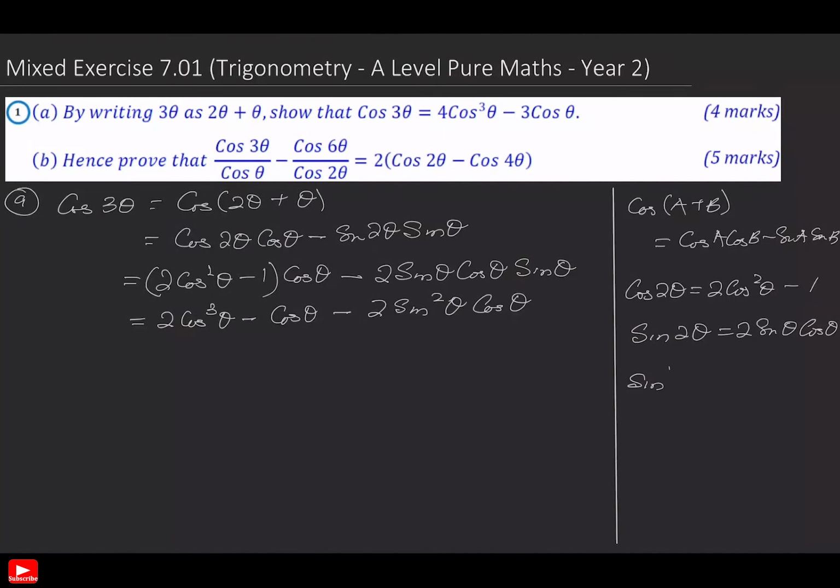From here, if I make 2 cos squared theta the subject, I get 2 cos squared theta is equal to cos 2 theta plus 1. So I can rewrite it in a convenient form to enable me to substitute easily.